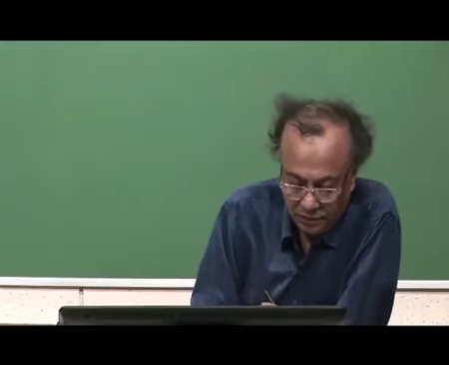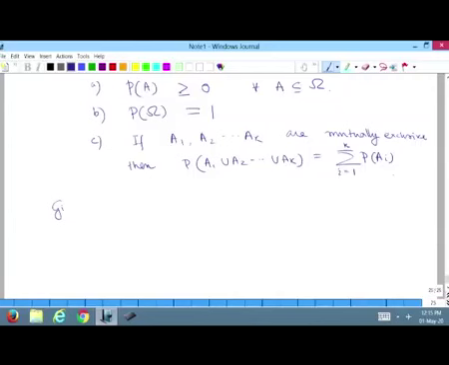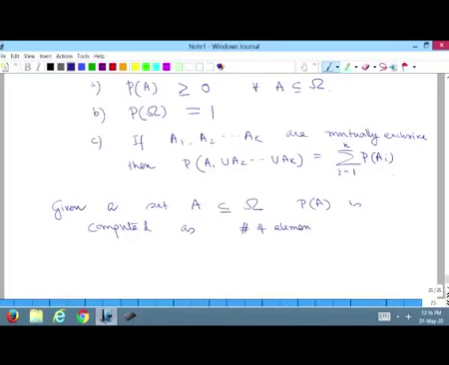In general, given a set A which is a subset of omega, probability of A is computed as the number of elements in A divided by the cardinality of omega.